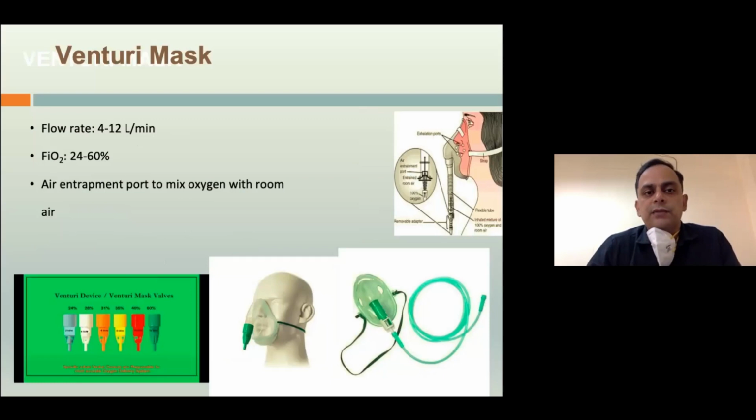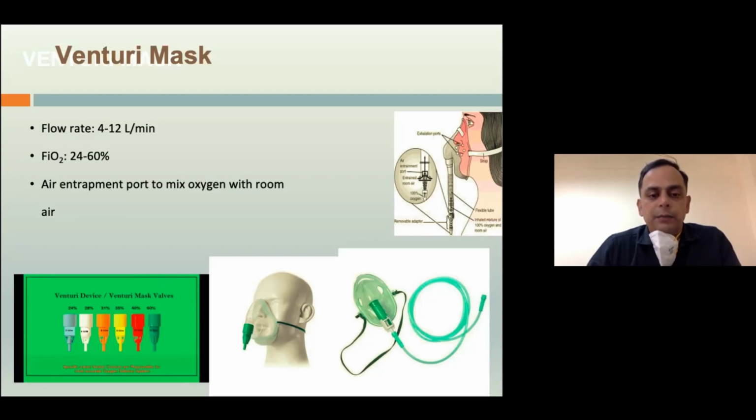Coming to the next device, it is the Venturi mask. Venturi mask comes in different color codes and it provides different oxygen concentrations. The Venturi mask has a connector at the base, which is either blue, white, orange, red, or green.